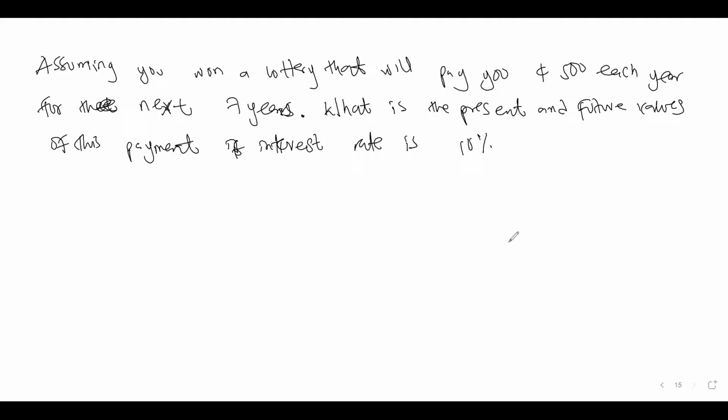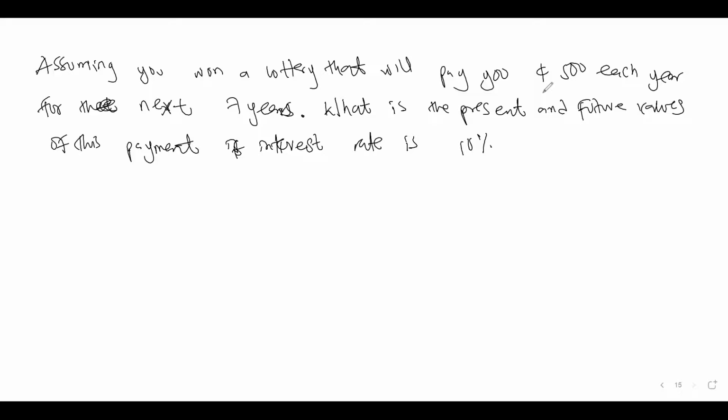Now the question says 500 each year. The question didn't say whether you are receiving the money at the beginning of the year or at the end of the year. So when a question is silent like this, the default assumption we make is ordinary annuity.